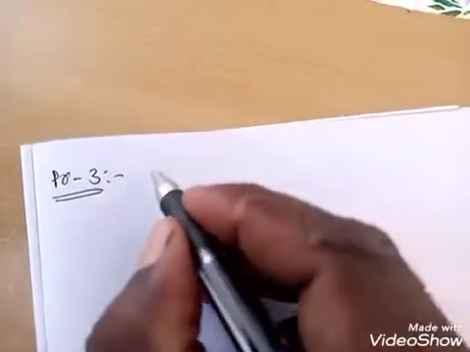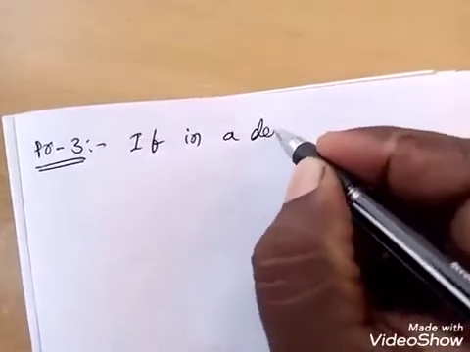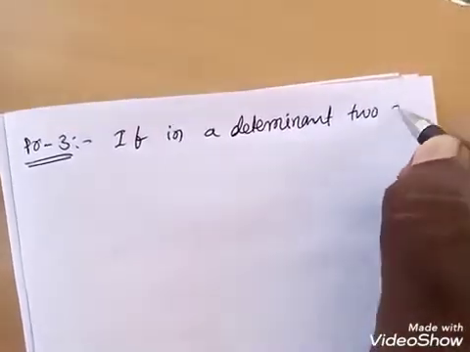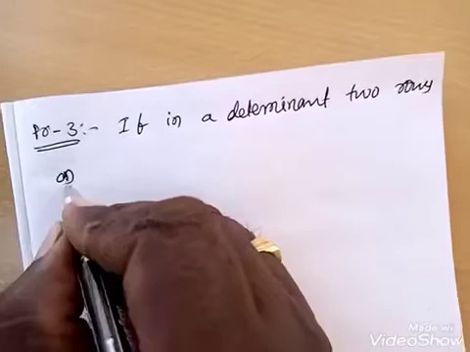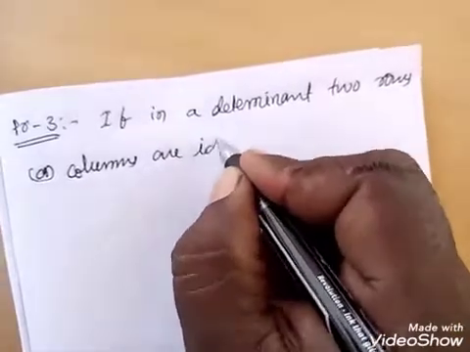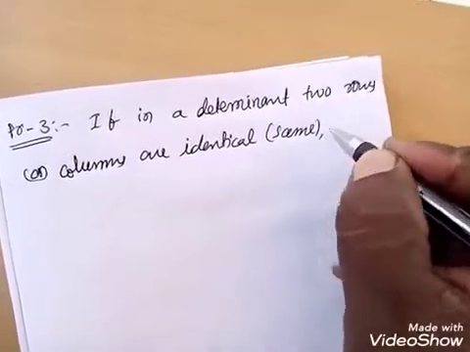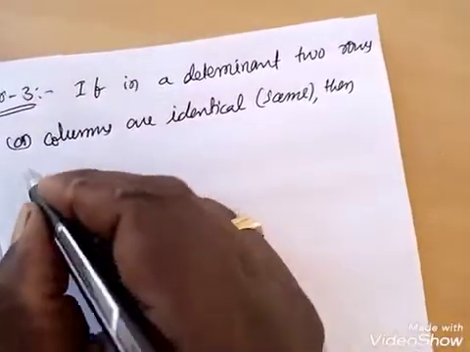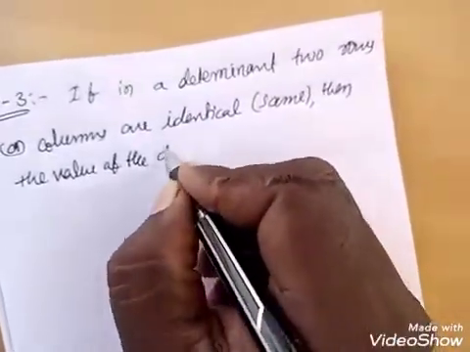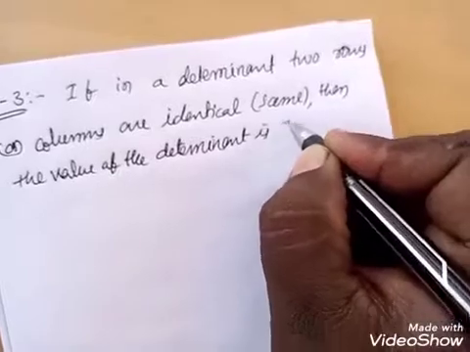Observe property 3: if in a determinant two rows or columns are identical, that means same, then the value of the determinant is 0.